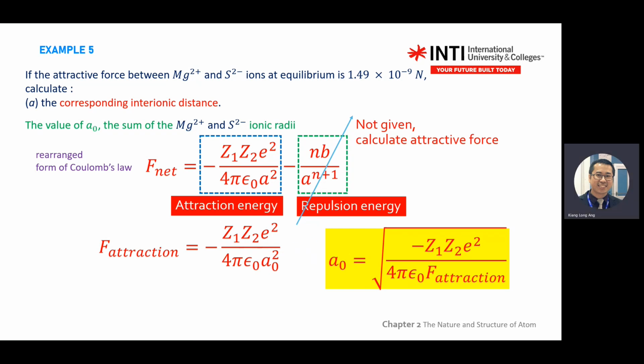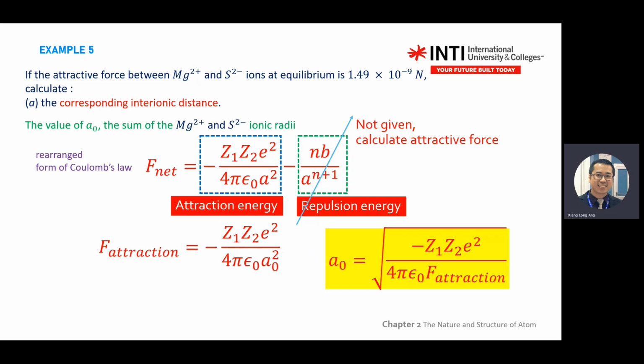So the attraction force is equal to your repulsion force. Sorry, typo on my slide here. It's not energy, but a force. Okay, it's a force.